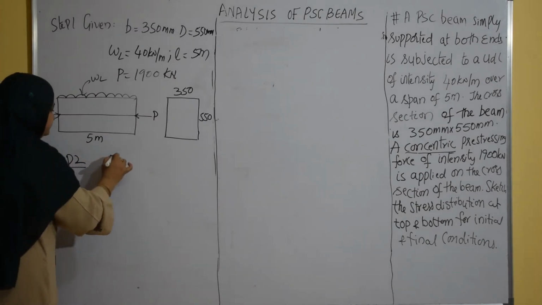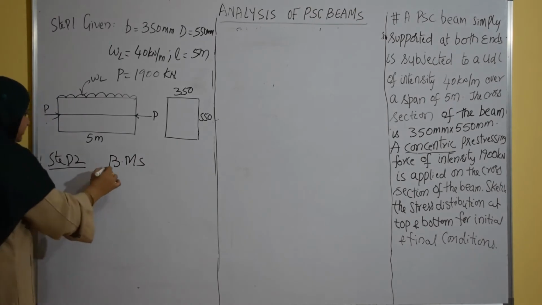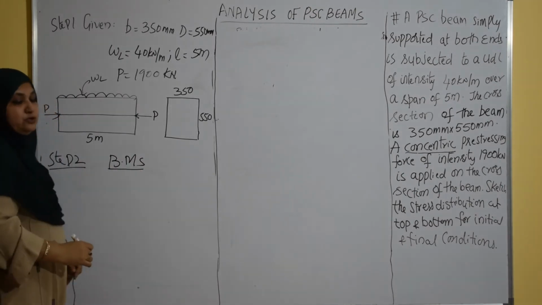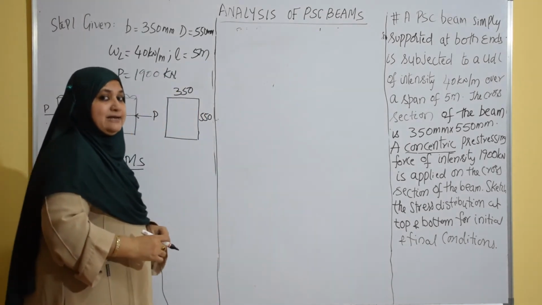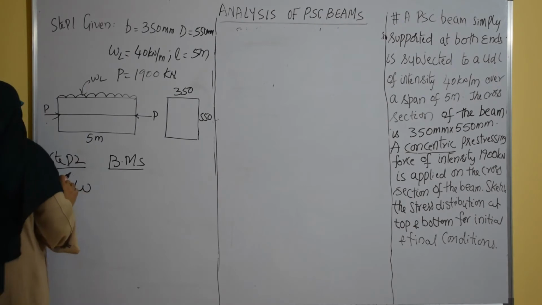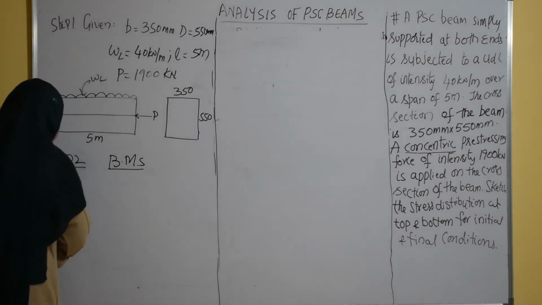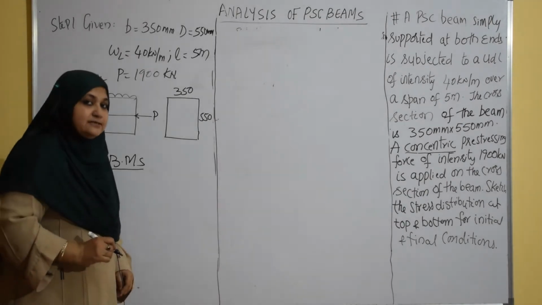So with what is given taken in step 1, in step 2 we'll find the bending moments. First is the bending moment due to dead load. For that we need to calculate the dead load, which is also called self weight.